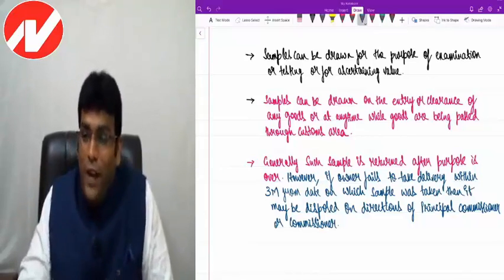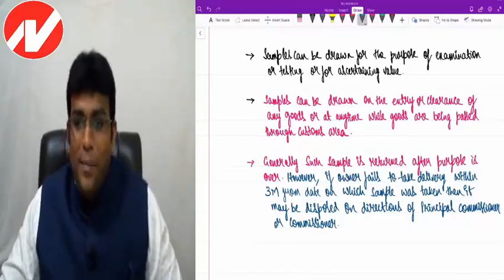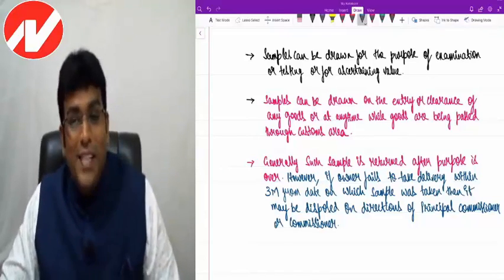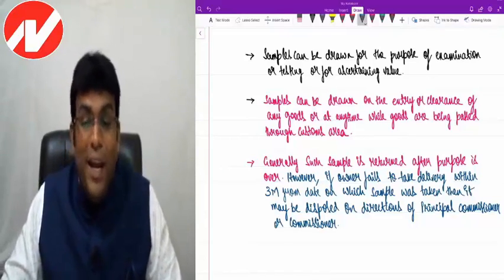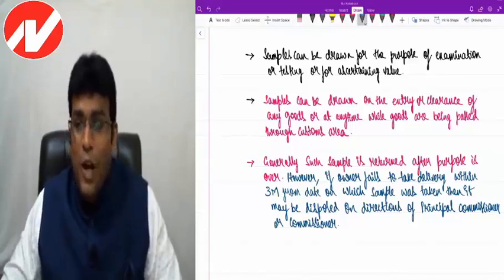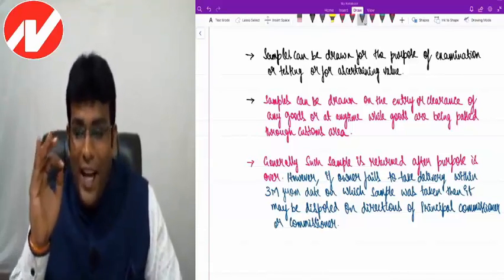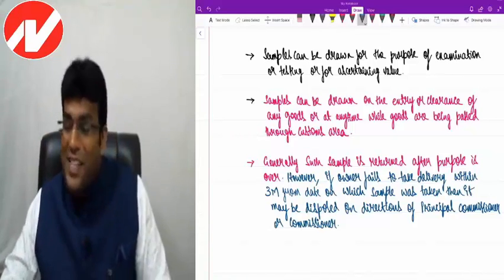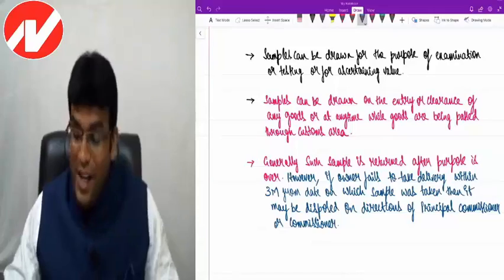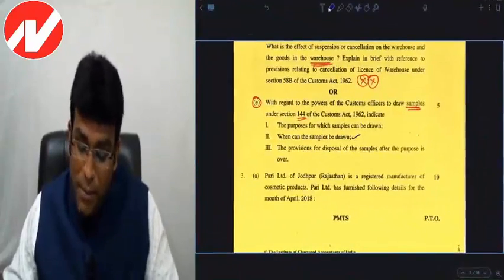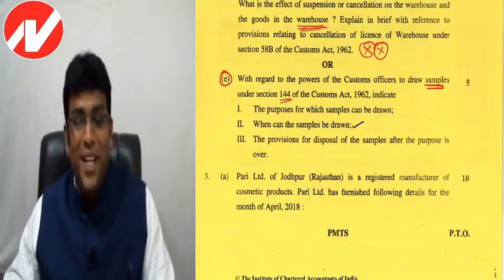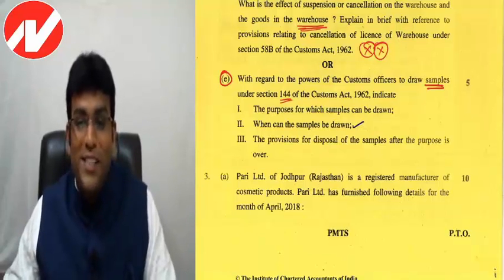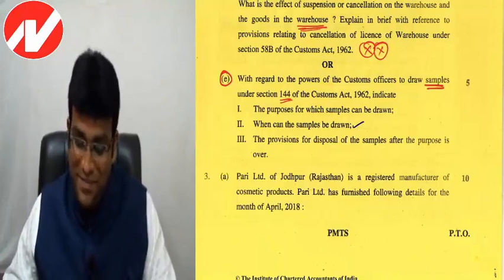However, if owner fails to take delivery within 3 months from the date on which sample was taken, then it may be disposed. Disposed means sold, on the directions of principal commissioner or commissioner. That's it. Very interesting point. That is the story of question number 2. I hope we got full clarity on these points. Done. Next.